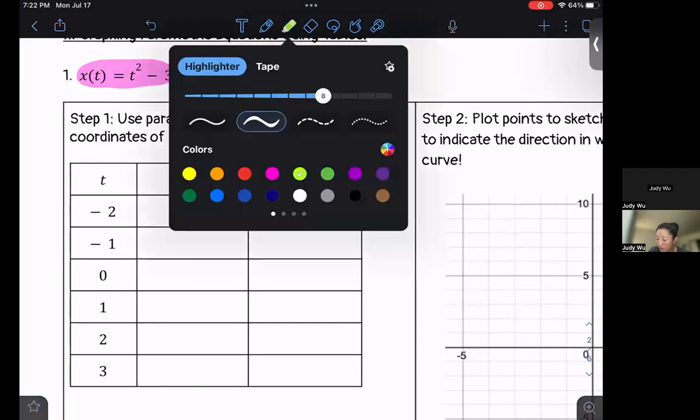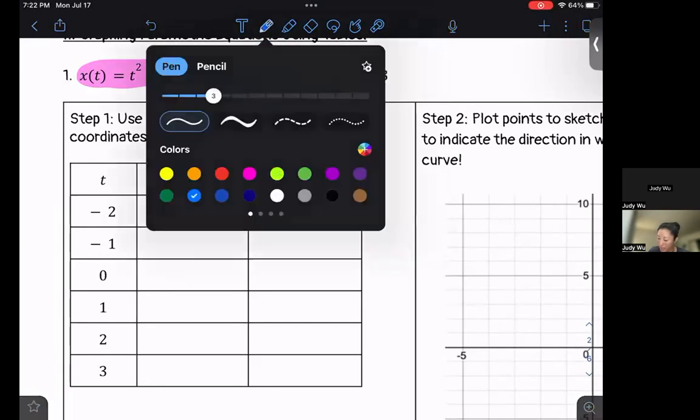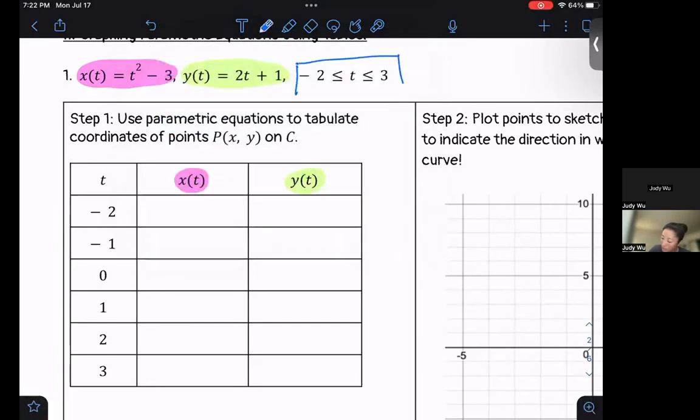You might be wondering, what values are we plugging in? In this case, we are plugging in -2 all the way to 3. When I'm plugging in -2 to 3, what makes sense here is to go by whole numbers. We'll talk a little bit in the next equation about when you might know that you're not going to use whole numbers.